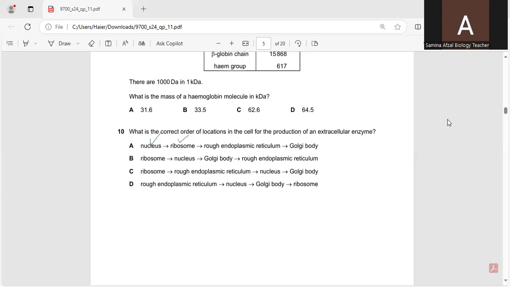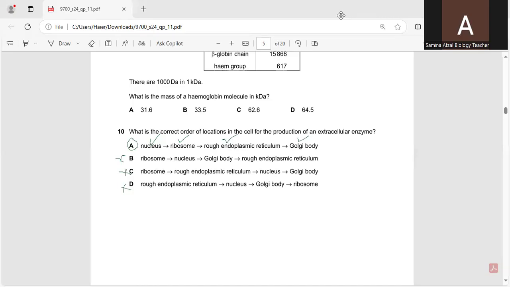Then from the ribosome there will be the formation of proteins and enzymes, and then it will be stored in the endoplasmic reticulum. Then from the endoplasmic reticulum, modification will take place in the Golgi body, and then it is secreted out of the cell. So A is the correct order. B, C, and D are not the correct options. Only A is the correct option in this case.